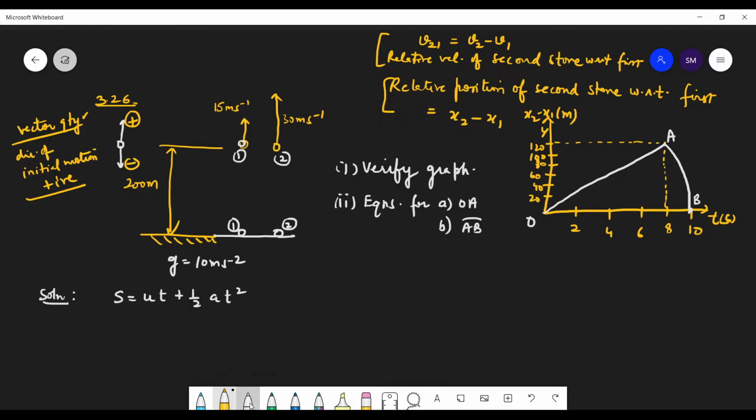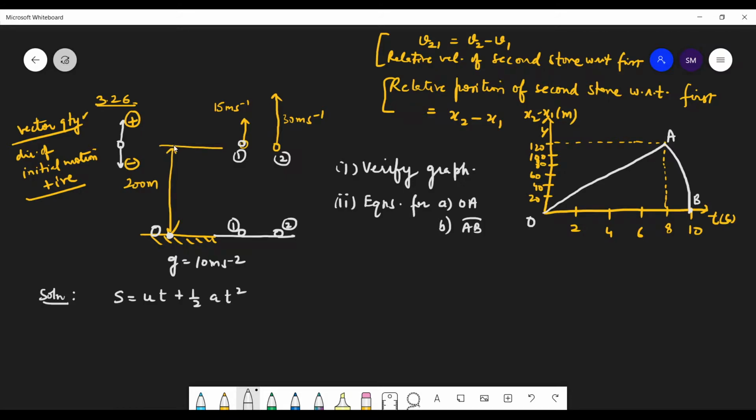So here, now, if we take the origin to measure the position, suppose we take this origin here, okay, so we have two choices.